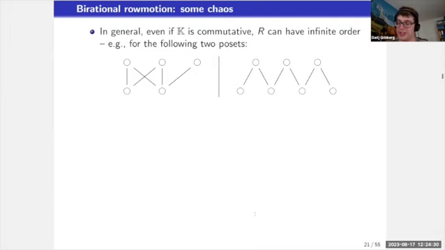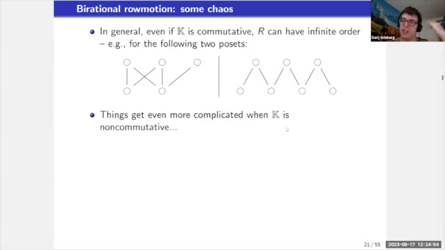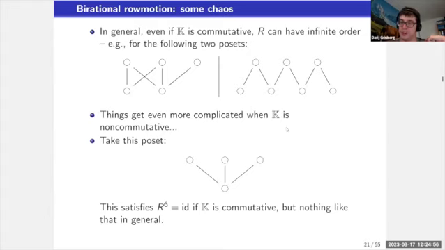However, these nice situations are in a way exceptional, not because there are no others, but because in general, the order is not nice at all. In the classical case, at least the order was finite because it was a finite set. In the commutative ring case, the order is not finite. Here are two very simple posets with infinite order R. And if K is not commutative, things get even worse.